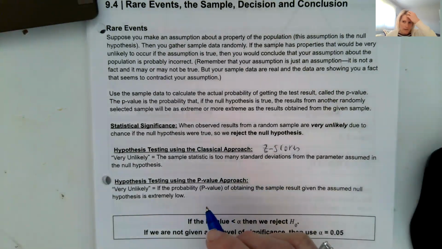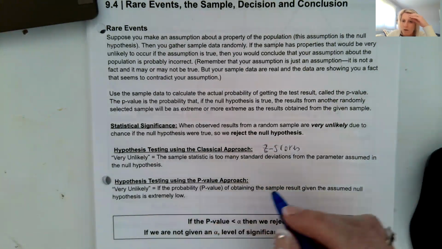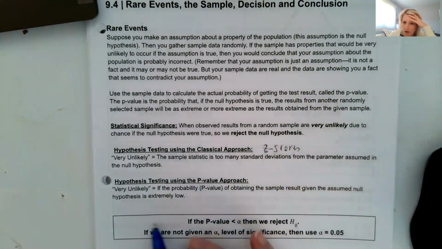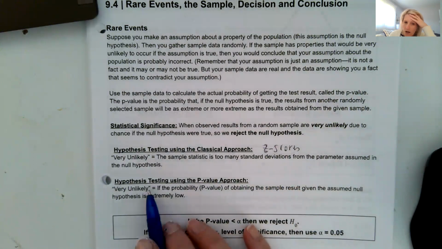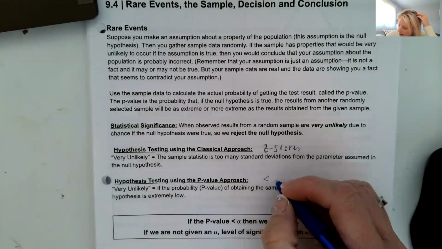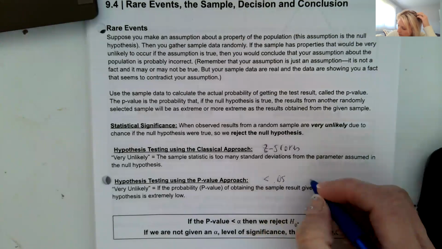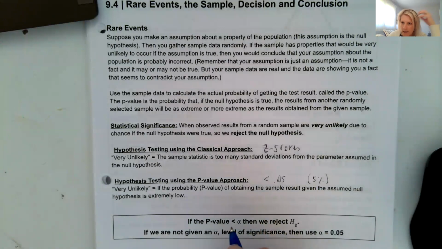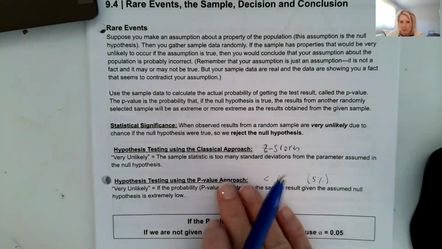That is one way that some people approach this. More sophisticated statistical systems now use the p-value approach, which is the probability approach. That is using less than 0.05. What we said back in the earlier chapters was 5% likelihood, an unusual event. And so that's what we're going to use as this p-value.